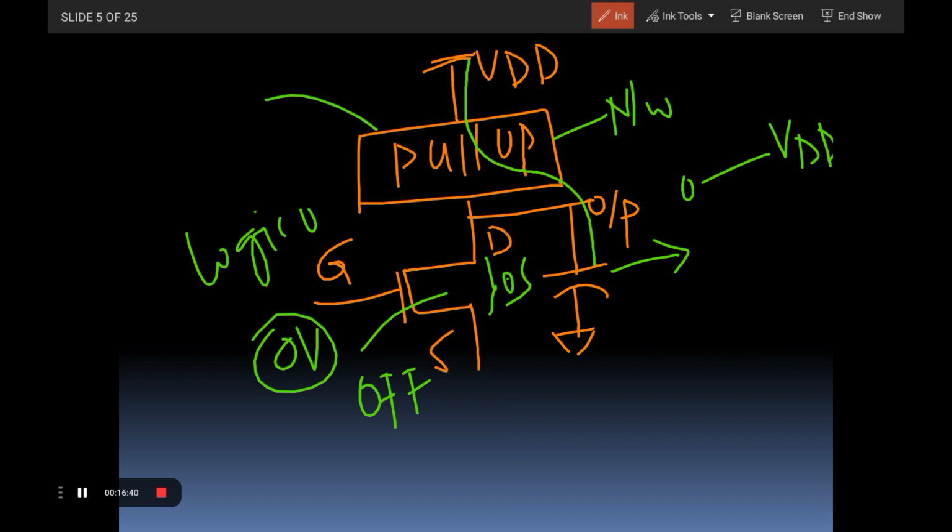we can design a CMOS inverter, right? Just I will stop within 2-3 minutes. Just we will design a CMOS inverter. Later we will discuss the realization of the logic gates and all those things. Okay, let's see here.